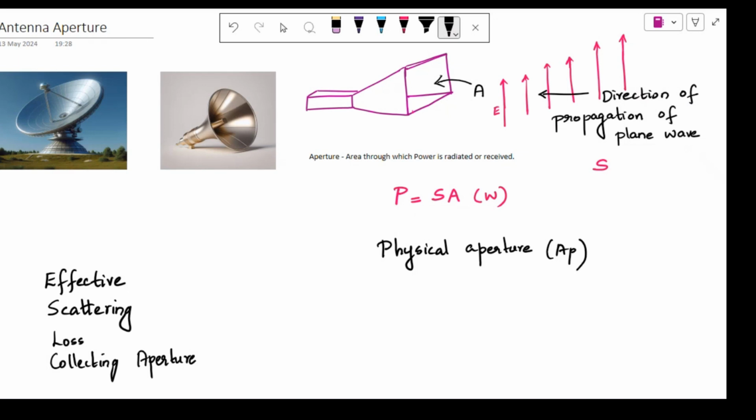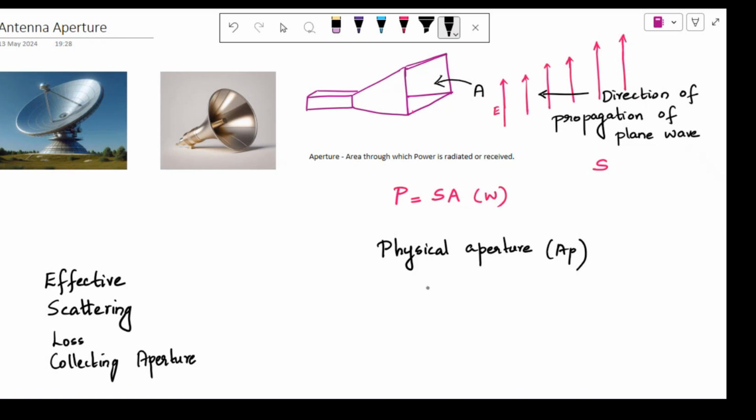Now, as I mentioned, even though this is the physical size of the antenna, effectively the power will not be radiated or received through the complete physical size. But suppose you assume that there are no losses. No losses means the effective and the physical aperture would be the same.